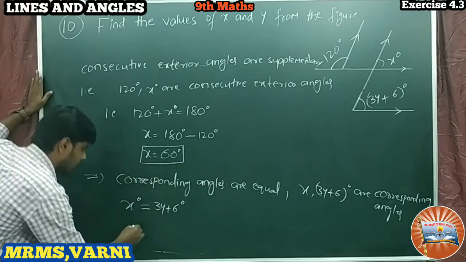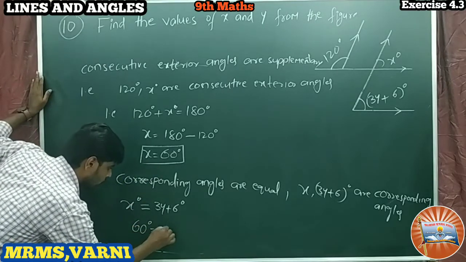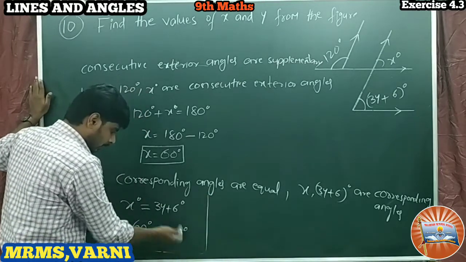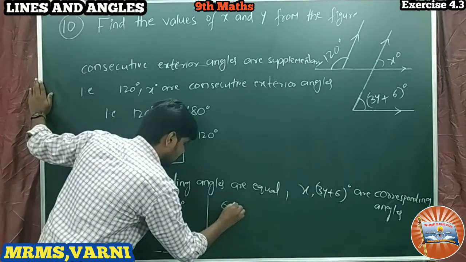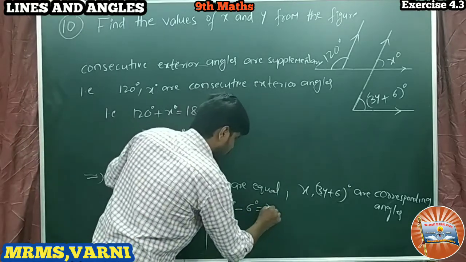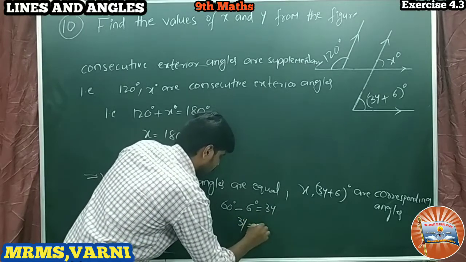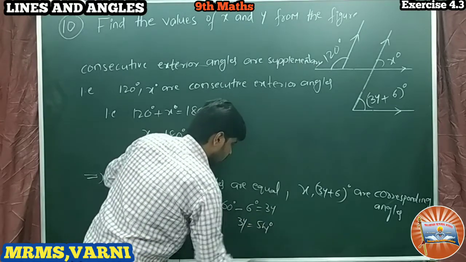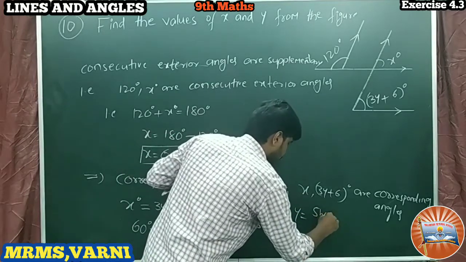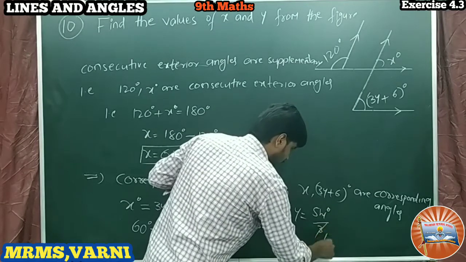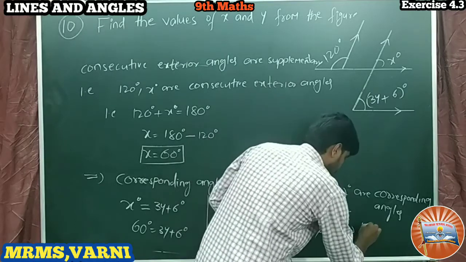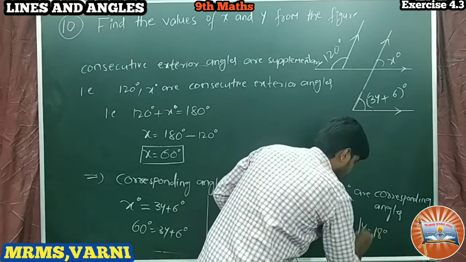The x value we have is 60 degrees, that is equal to 3y plus 6 degrees. Okay, so transposing, 60 degrees minus 6 degrees is equal to 3y. 3y is equal to 54 degrees. So y is equal to 54 degrees by 3, that is 18 degrees. Okay, so we got y is equal to 18 degrees.